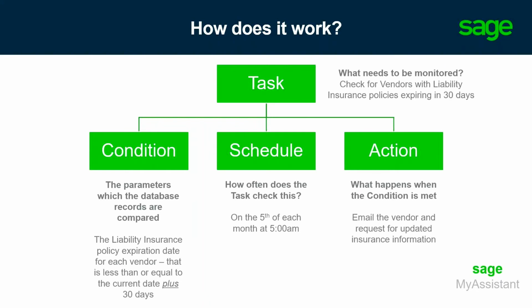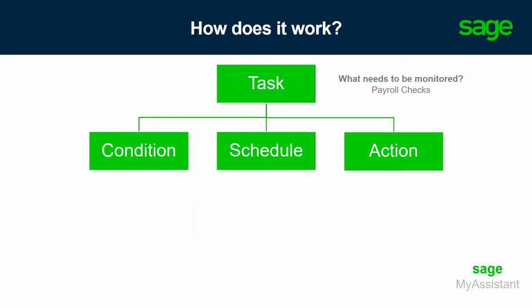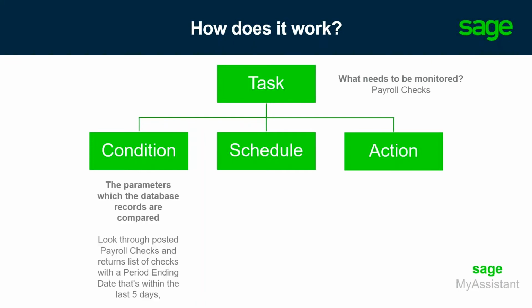Another example may be payroll checks. I'm sure you run payroll checks once every 2 weeks or perhaps once a month. And what we want to do is look through those payroll checks and return a list of that. Well, that's going to be important because you may be distributing direct deposit notifications via paper, or perhaps you are printing to PDF, putting that in an email, and emailing out direct deposit records, or you're managing that one way or another.